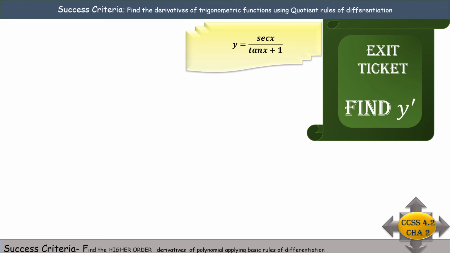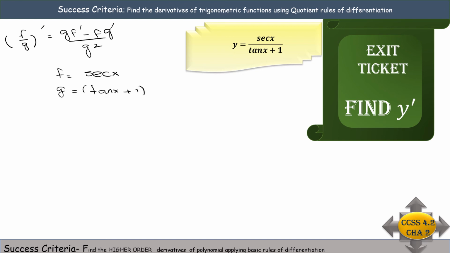Okay, so let's see how we can solve this question. As you know, this is the quotient rule. Here we are going to apply the rule gf prime minus fg prime over g square. Our f is secant x and g will be 10x plus 1.